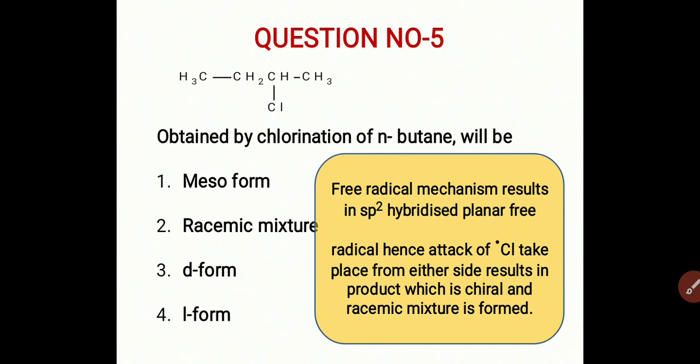Hence the attack of the chlorine free radical takes place from either side of the molecule. It is just like the SN1 mechanism of an optically active alkyl halide, where you end up with racemization. Similarly here, you end up with a racemic mixture. Hence the answer for this question is the second option, racemic mixture.